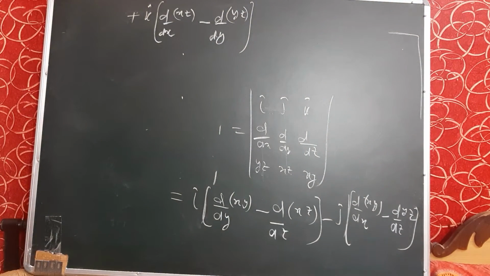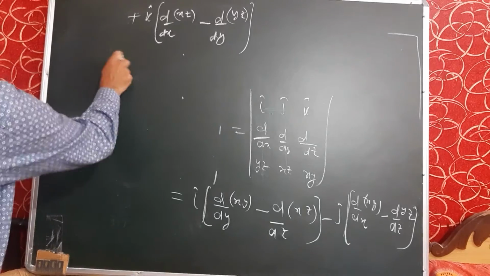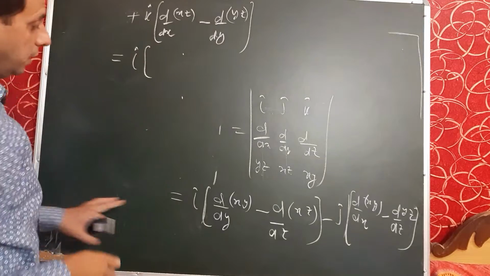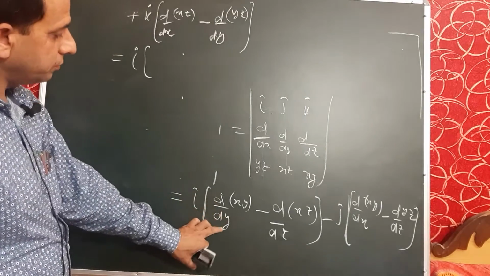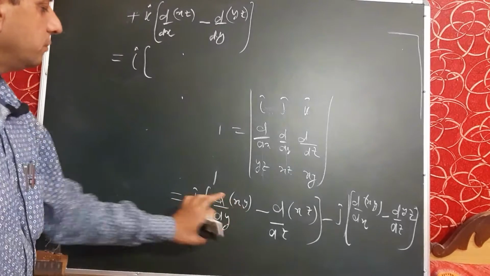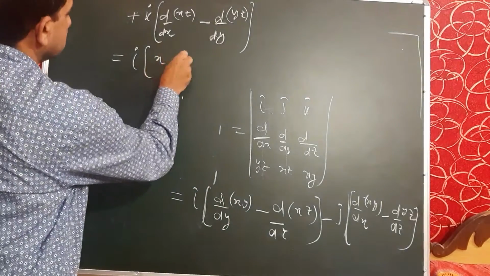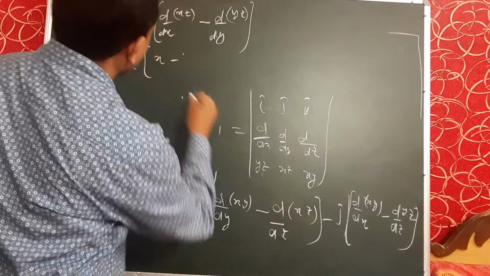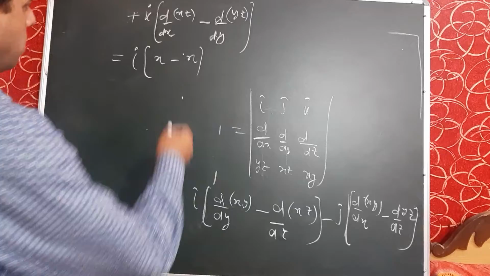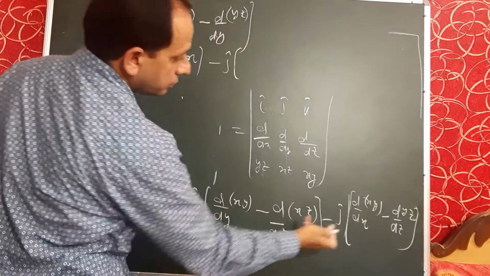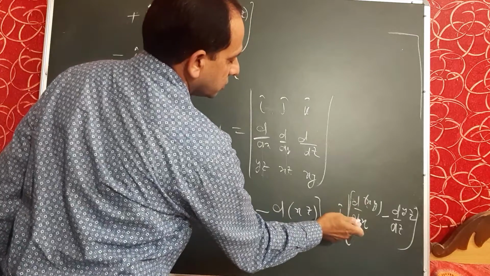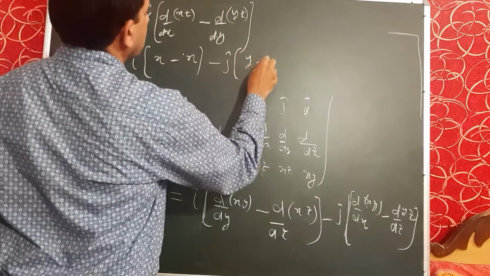These are the 3 parameters. When we solve it, we get i into the derivative of xy with respect to y, that is x is common and dy by dy is 1, so it is x minus x. Then minus j into the derivative of xy with respect to x, so dx by dx is 1, y is common, so y minus y.